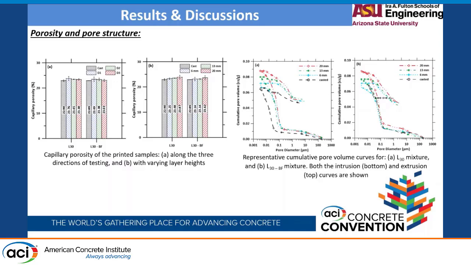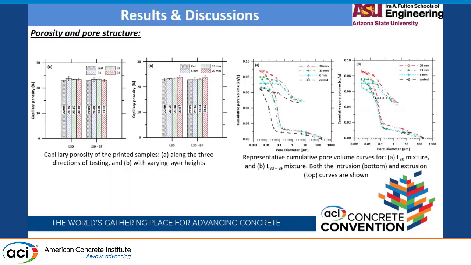This shows that although there was not much difference in the capillary porosities, when you go to the MIP method, which gives you a larger range of pore sizes, there is a difference in the bulk region porosity of the 3D printed samples as compared to the cast samples. And with the influence of layer height, this porosity increases.